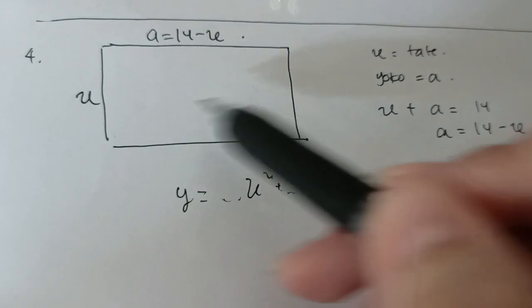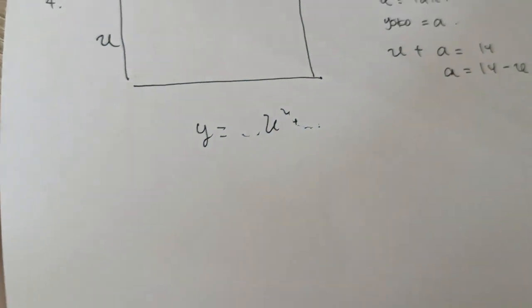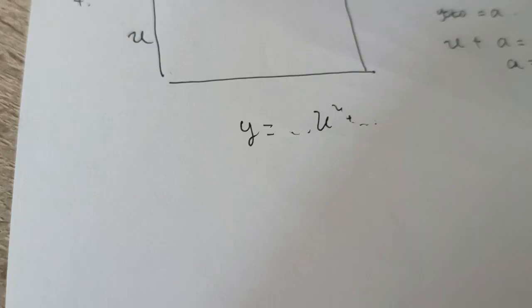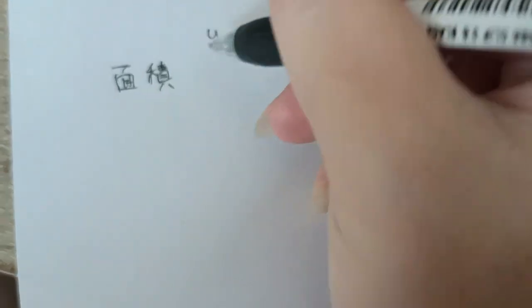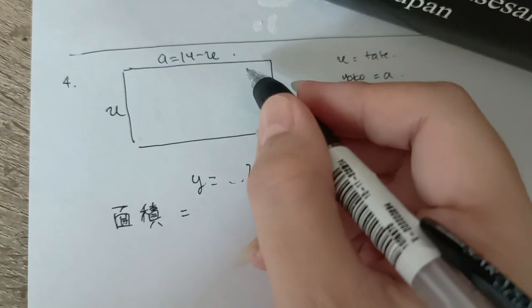Now we know this, and then we are going to find out the menseki. The area is usually the height multiplied by the width.